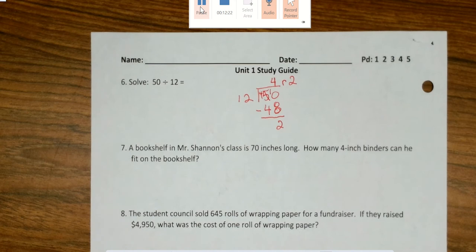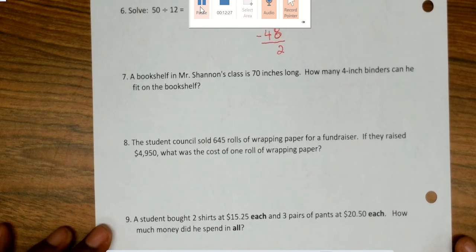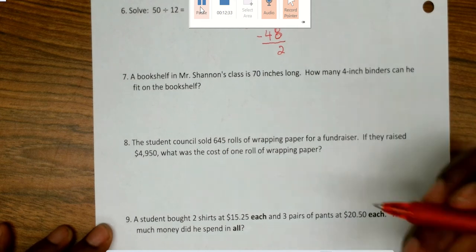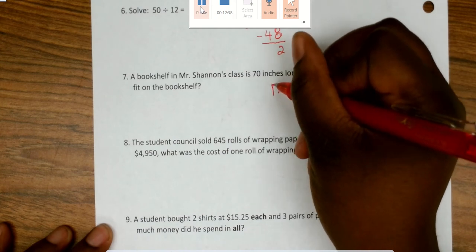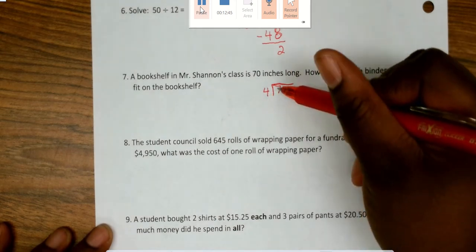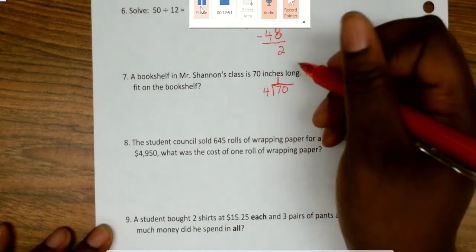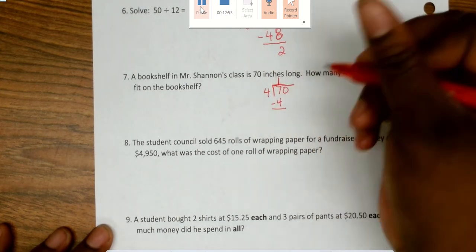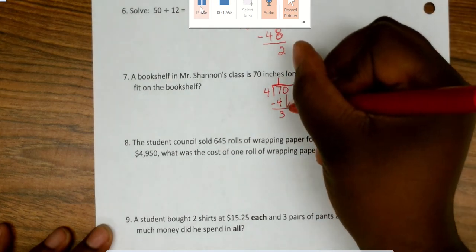All right. So now, number 7: a bookshelf in Mr. Shannon's class is 70 inches long. How many 4-inch binders can he fit on the bookshelf? This is asking us to take our 70 inches and break that up in 4-inch increments. So I'm going to divide it by 4. I can get 1 four out of that 7, because 4 times 1 is 4. And 7 minus 4 is 3. Now I'm going to bring down my 0.